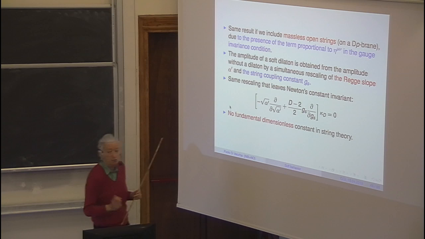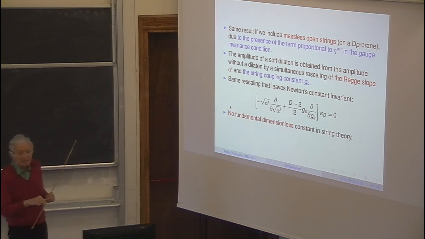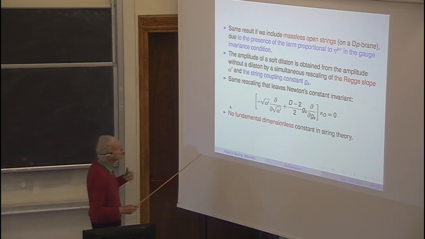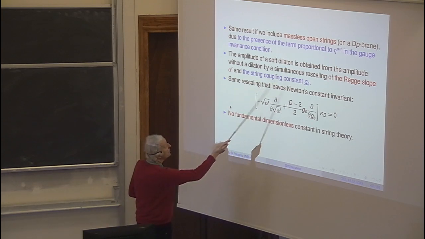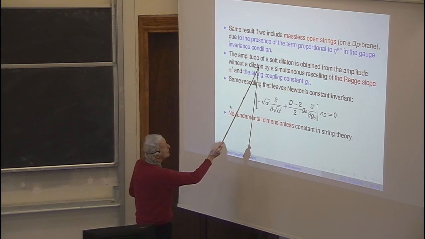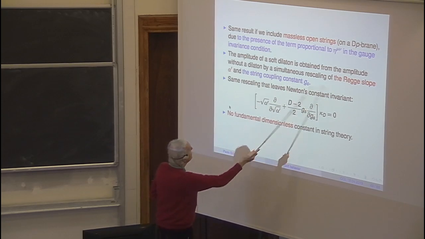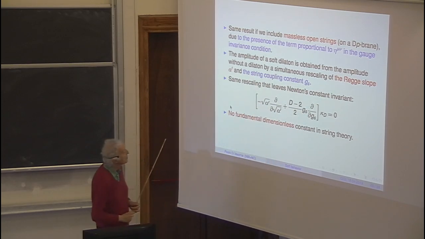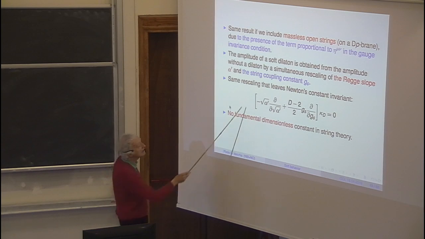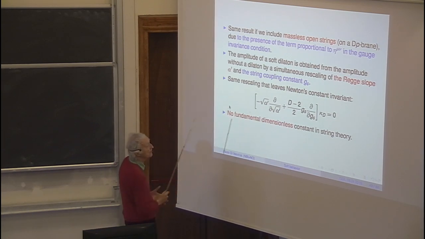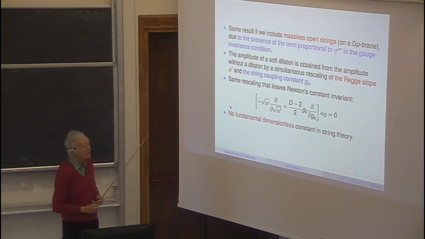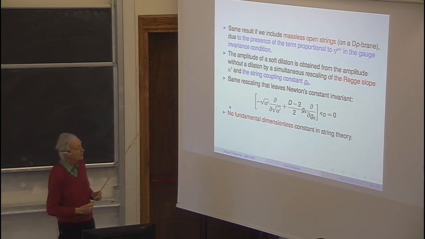You remember that term is needed in order to get the same expression. And so in all cases, the amplitude with the soft dilaton is obtained from the amplitude without the dilaton by a simultaneous rescaling of the Regge slope and the string coupling constant. And the same rescaling leaves the Newton constant invariant. So that equation tells you that there is no fundamental dimensional constant in string theory.